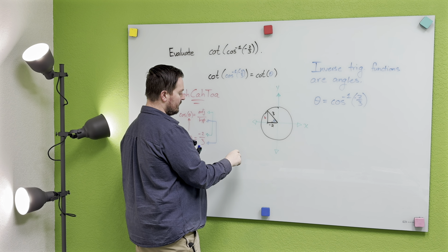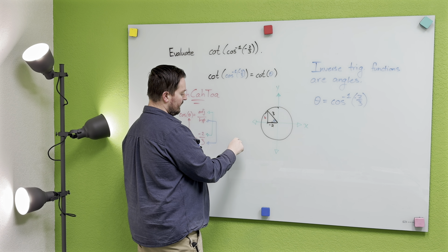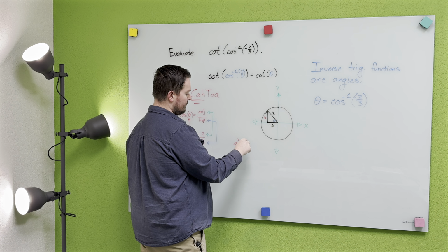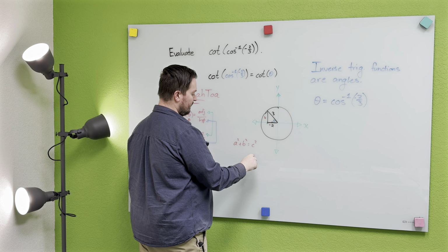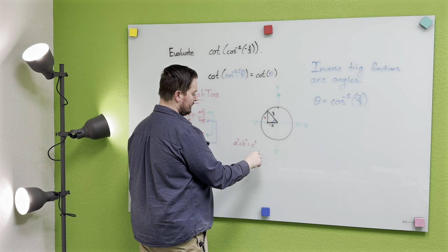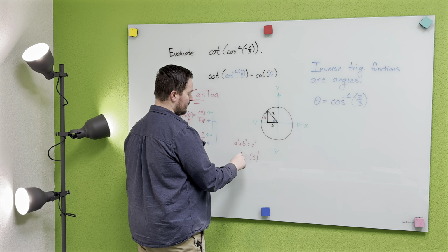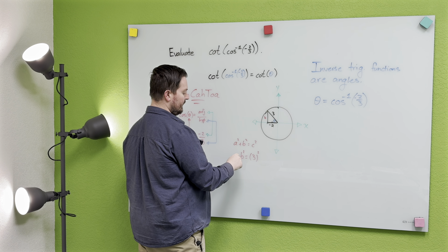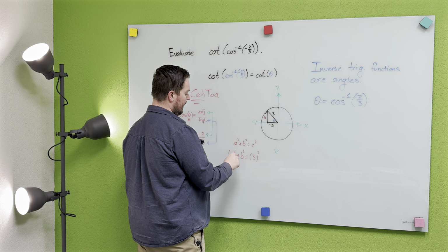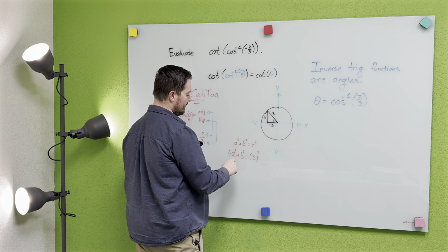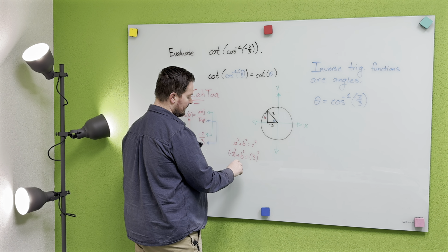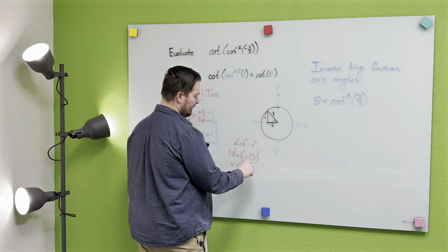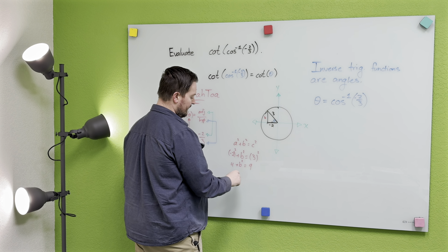Using the Pythagorean theorem, we have a squared plus b squared equals c squared. The hypotenuse is always c. We don't know what b is, so we'll leave b squared for now. But a is -2, and -2 squared is +4. We still have our b squared, and 3 squared is 9.